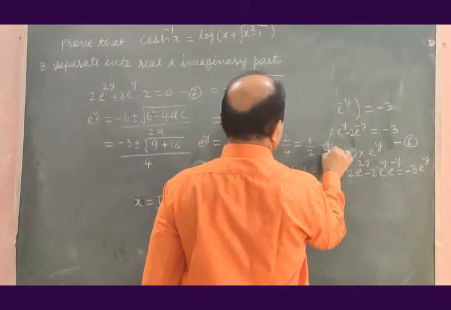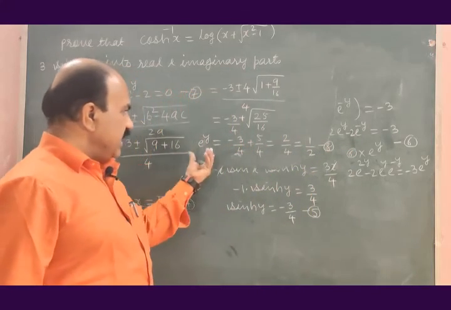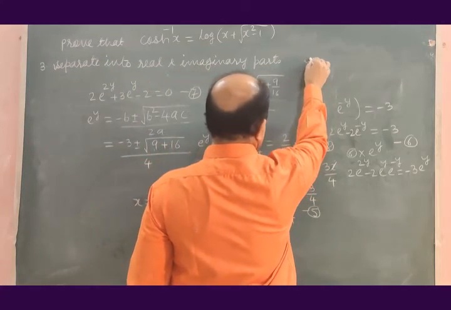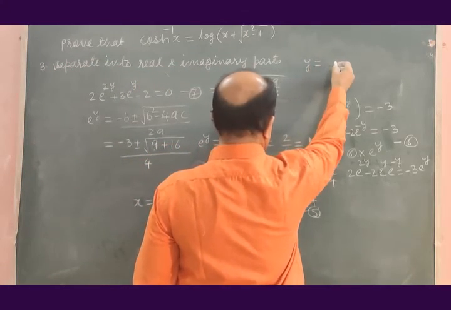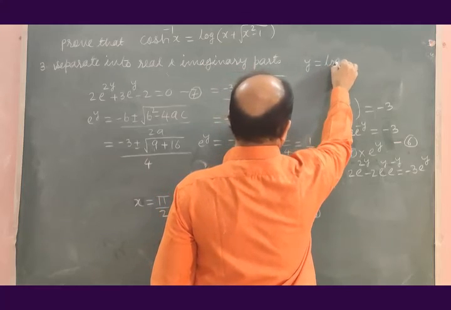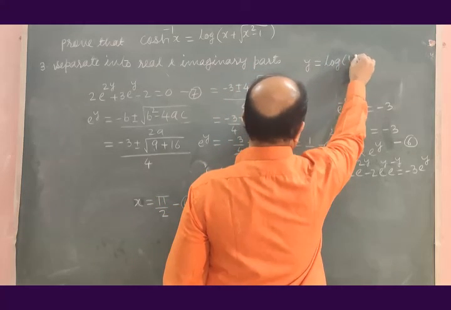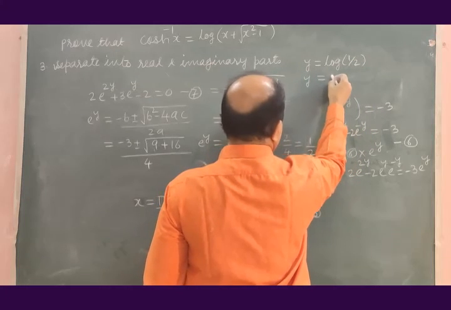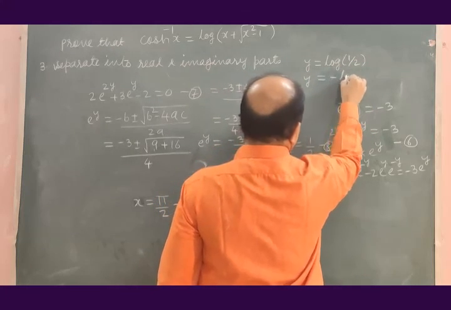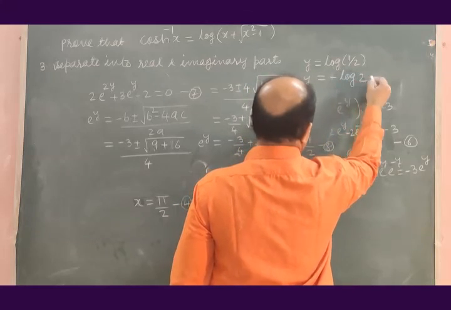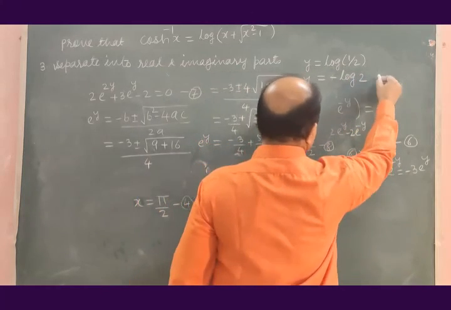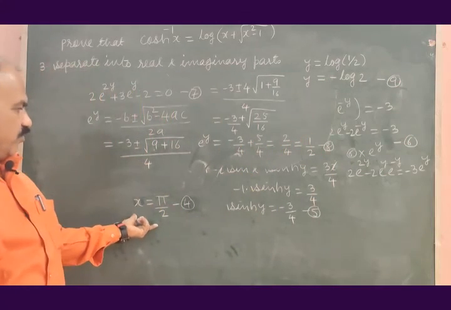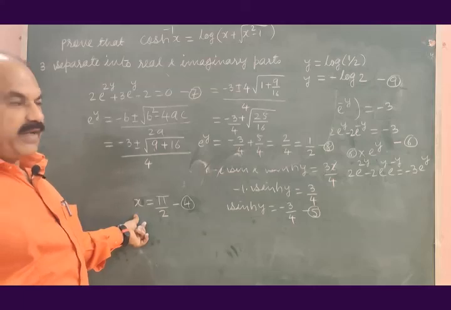Equation number 8. Take log on both sides to get y is equal to logarithm of 1 divided by 2, that is nothing but y is equal to minus log 2. Equation number 9. See equation 4, x is equal to pi by 2.